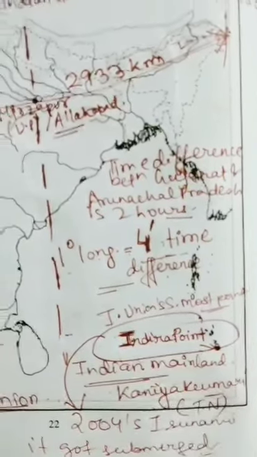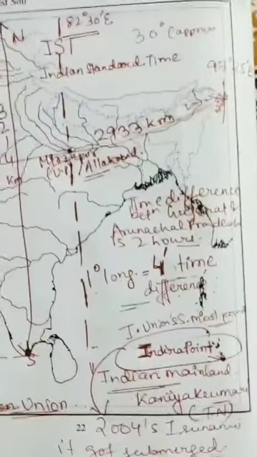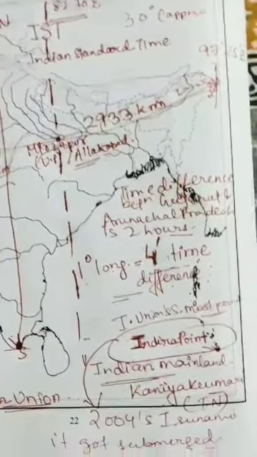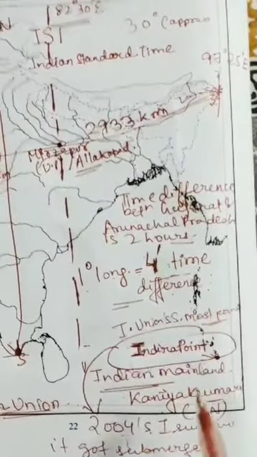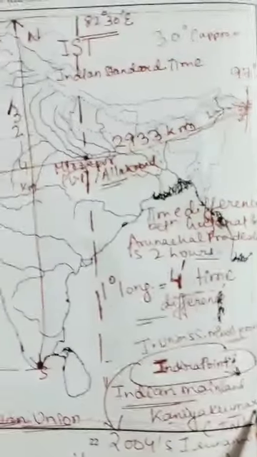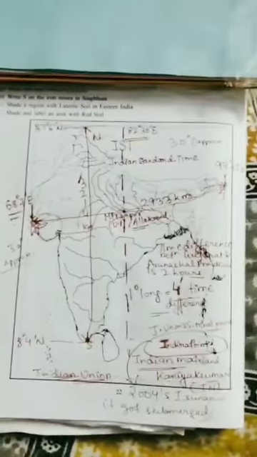Okay, clear? Done? So if the question comes, why is Indira Point no longer considered the southernmost point of our country, what should be the answer? That is because in the 2004 tsunami, Indira Point got submerged, and thus the southernmost point of Indian mainland is Kanyakumari. Clear?